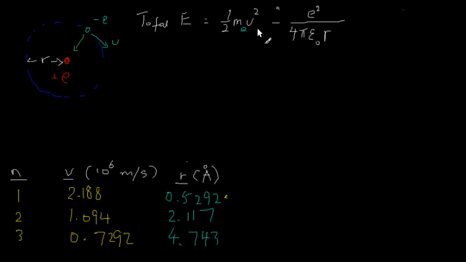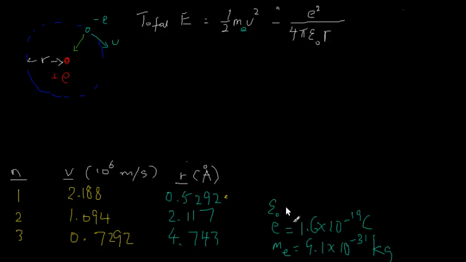That will be m_e. The mass of the electron is m_e = 9.1 times 10 to the minus 31 kilogram. e is 1.6 times 10 to the minus 19 coulomb, and epsilon naught is 8.85 times 10 to the minus 12 in SI units. These are actually good to memorize, although they would always be given in exams.